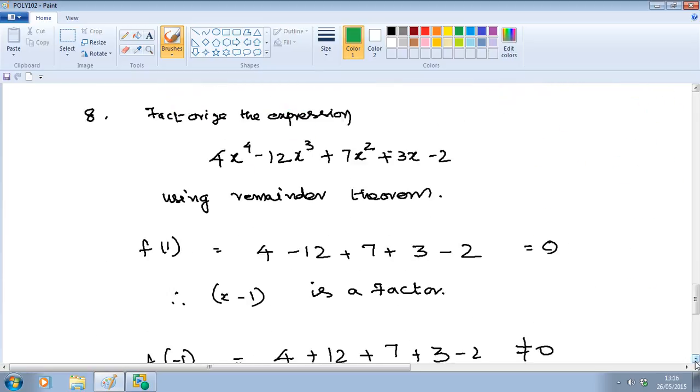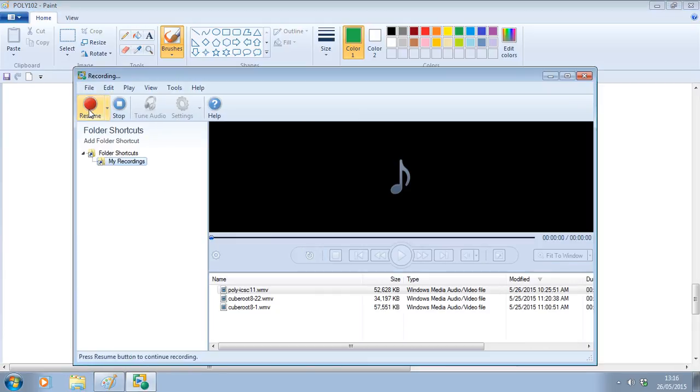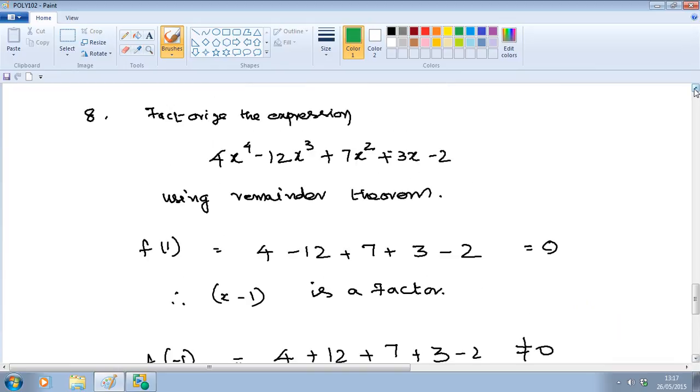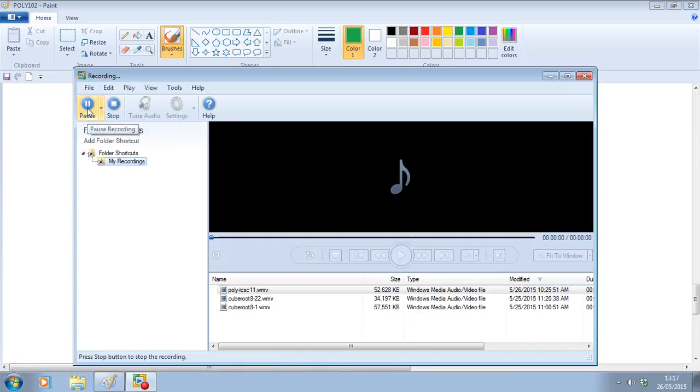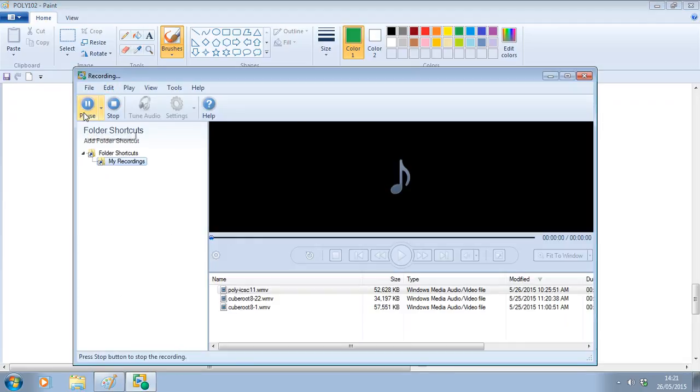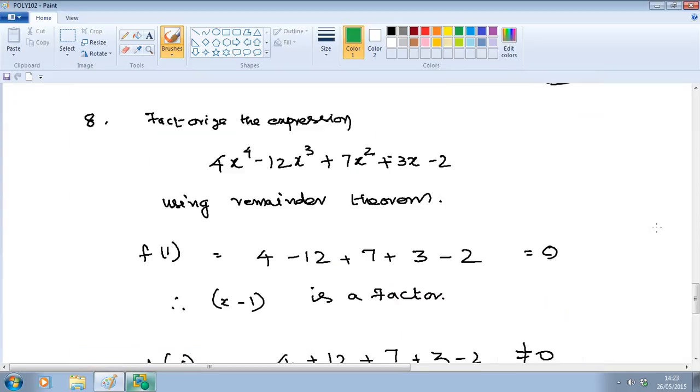Let's factorize the expression using the remainder theorem.